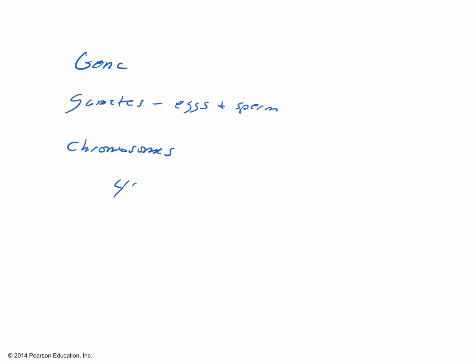Now, humans have a total of 46 chromosomes, okay, in our somatic cells. So somatic cells are non-reproductive cells. So here we're talking about all the cells of our body other than eggs and sperm. So skin cells, muscle cells, bone cells, nerve cells, for example.